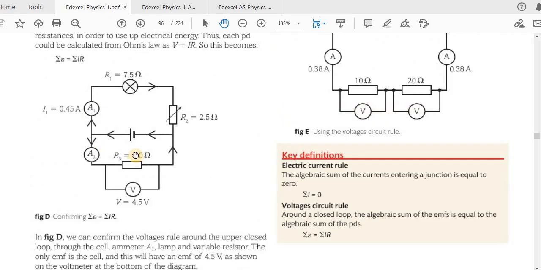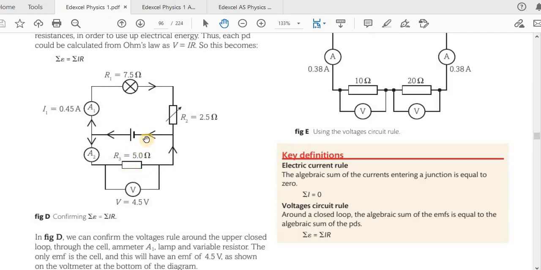Now we got 4.5. Okay, now we can do it using this loop also here. So this loop, but we need to know the current that is going this way. Okay, now again we don't need that current because this voltmeter is reading already 4.5 here. So you see, this cell here is in parallel with this resistor here.